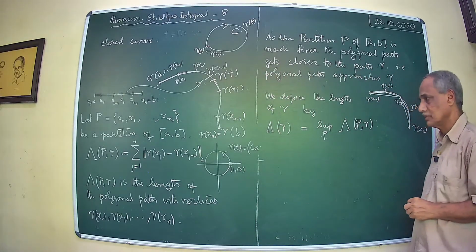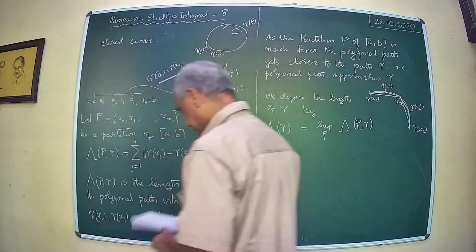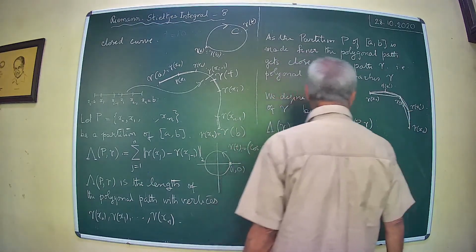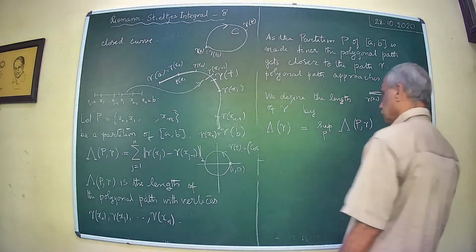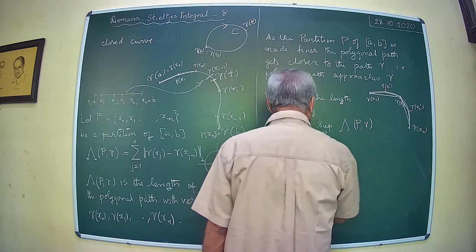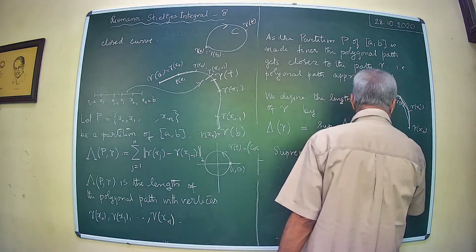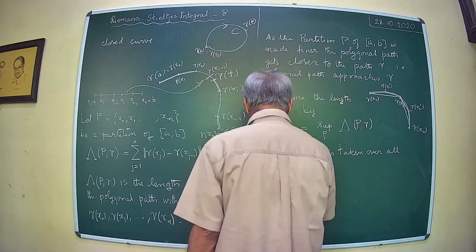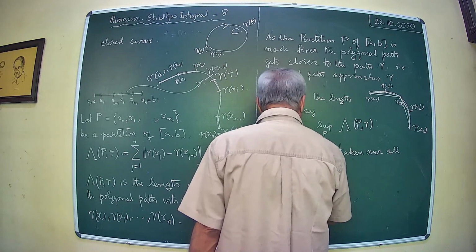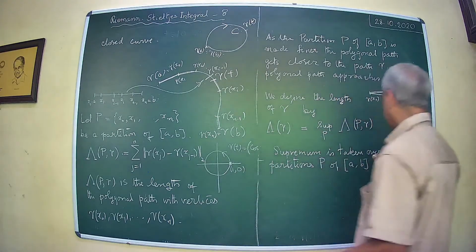Therefore it could at best become infinite, but this is the case where the supremum is taken over all partitions P of A, B.